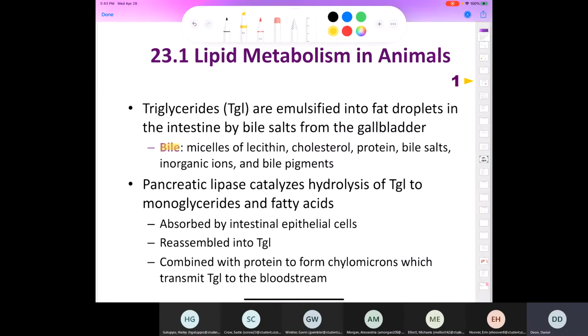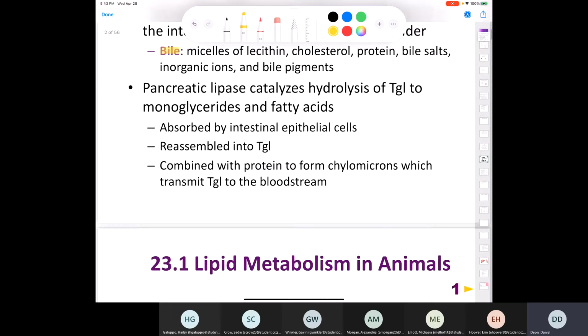It gets absorbed by the intestinal epithelial cells, gets reassembled into triglycerides, which is really strange, and then gets combined with protein to form a chylomicron, which we talked about earlier in the class. Then we put the triglycerides into the bloodstream where they can get taken up into cells and stored in an adipocyte, which is a fat cell.